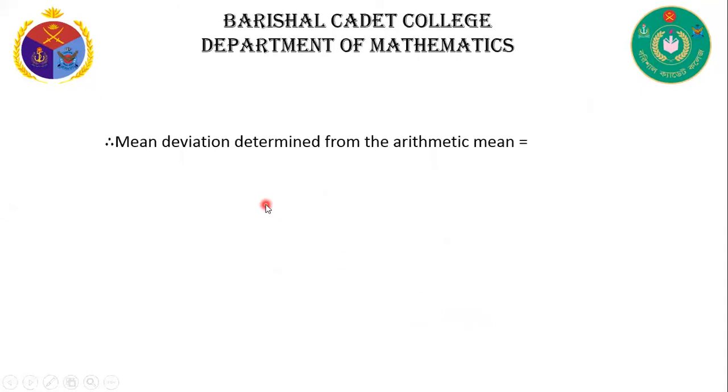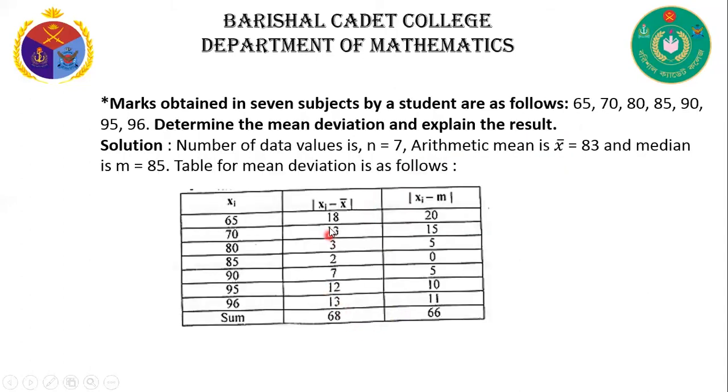Now for mean deviation determined from the arithmetic mean, we know the formula: summation modulus of xi minus x bar divided by n.